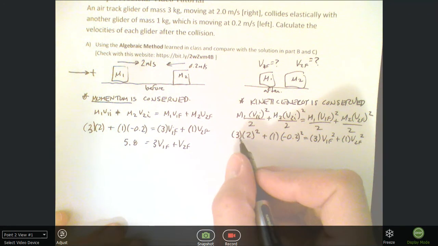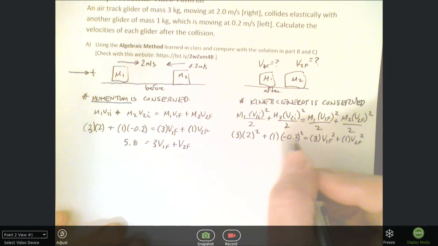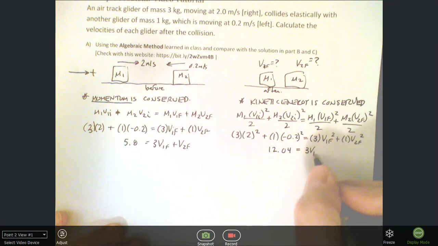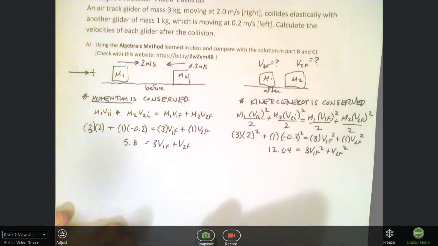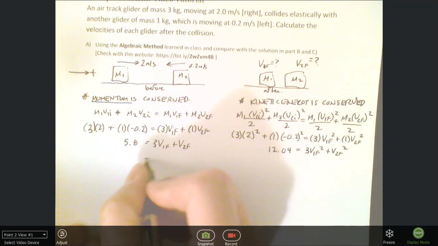Okay, this is 12, and then negative 0.2 squared is 0.04, so this becomes 12.04 equals, there you go. Okay, at this point, we're just going to isolate for v2f here.